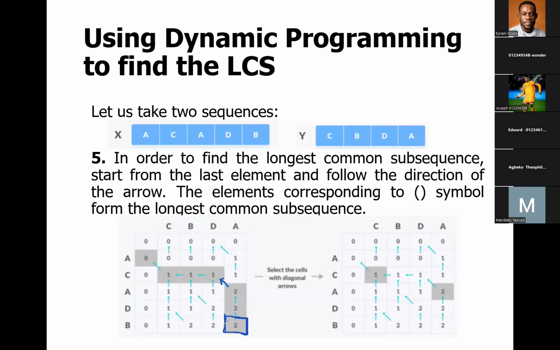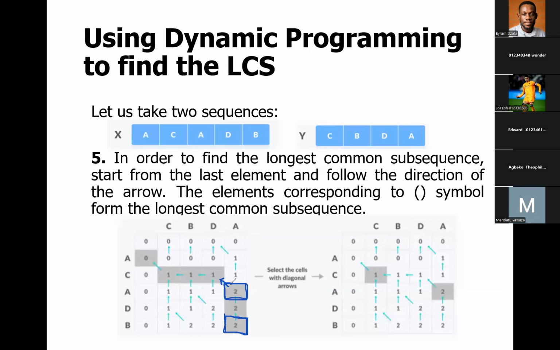Okay. So we can tell that this 2 is going upwards. Now, if it goes upwards, it means that they are different. If they are different, it goes up. These ones are different, it goes up. So what happens is that the A starts from here.